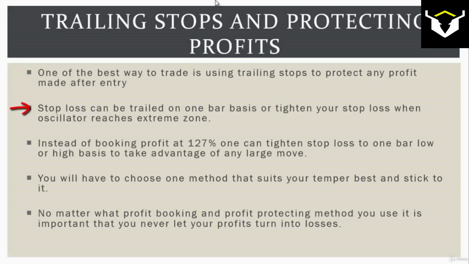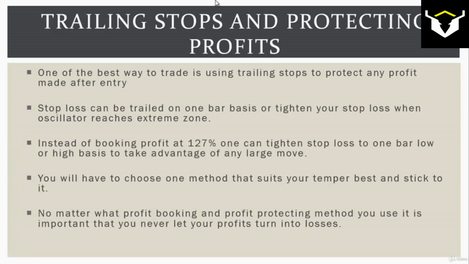Stop loss can be trailed on a 1 bar basis or tightened when the oscillator reaches the extreme zone. Instead of booking profit at 127%, one can tighten the stop loss to the 1 bar low or high to take advantage of any large move. You will have to choose one method that suits your temperament and stick to it.